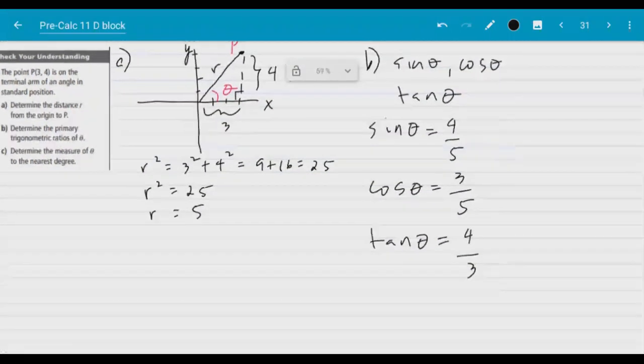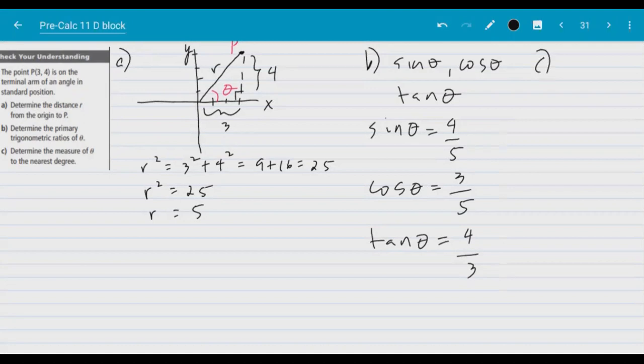To find the measure of angle theta to the nearest degree, you can use any of these three. This one has theta, so you can isolate it by doing theta equals sine inverse of 4/5, or you can use this where theta would be equal to cosine inverse of 3/5, or you can use this. I'll just use tangent then.